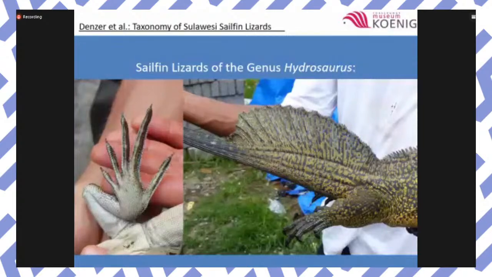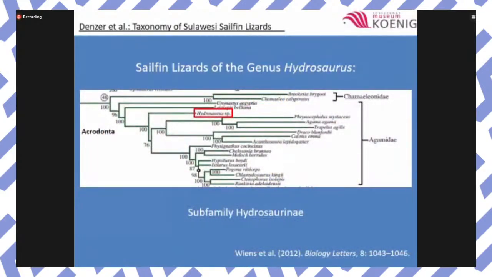Sailfin lizards, as the English name already says, are also characterized by sail-like structures at their back and at the tail base. They also have enlarged scales under the feet, which enable at least juveniles to walk over water.